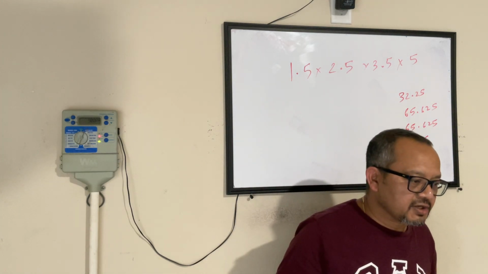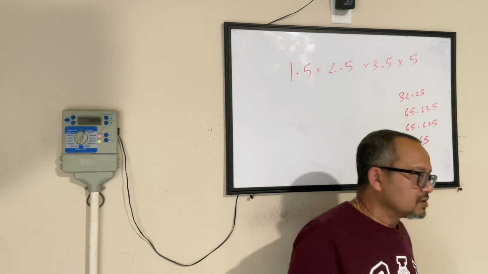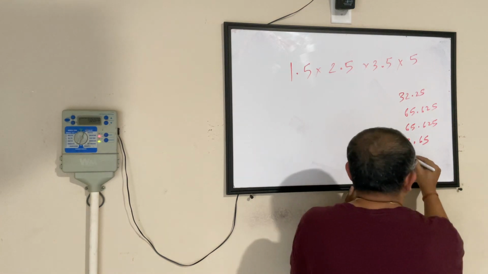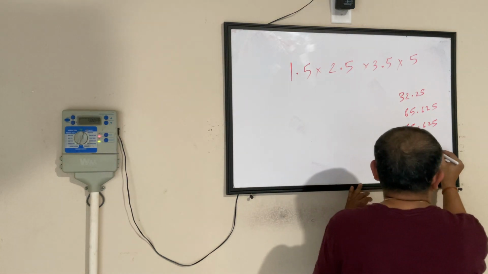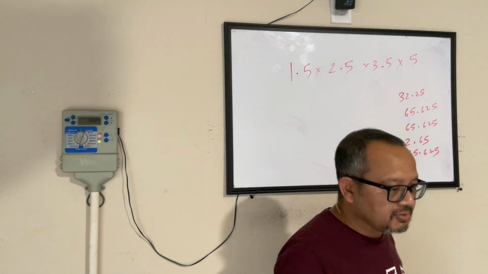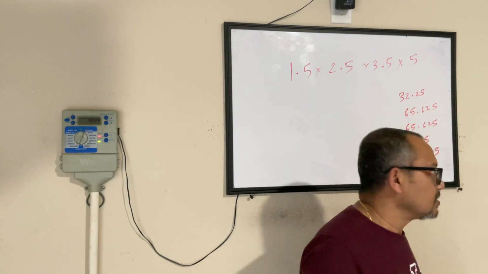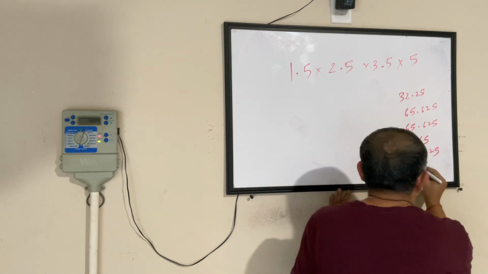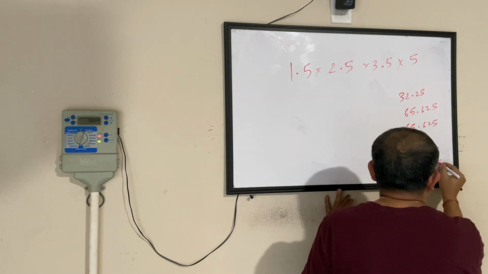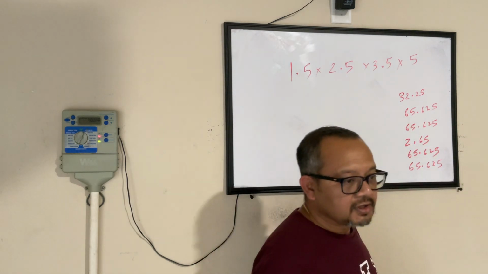Okay. How about you, Yaganya? I got 65.625. Okay. How about you, Abdullah? 65.625. Okay.